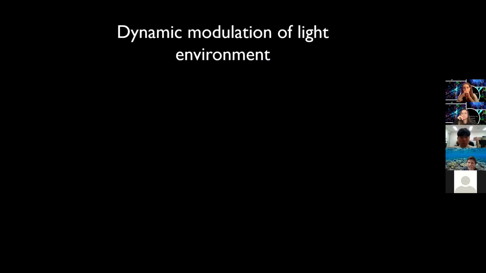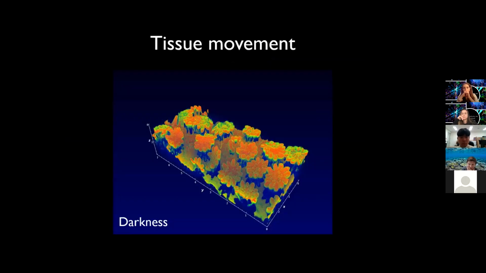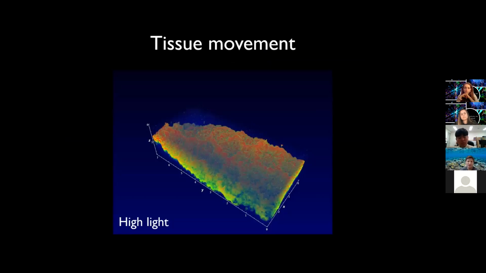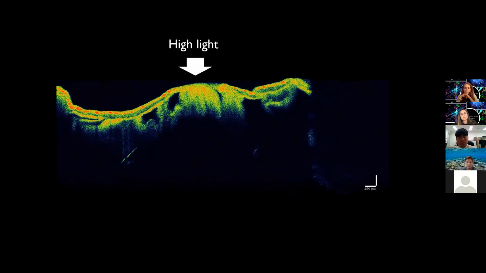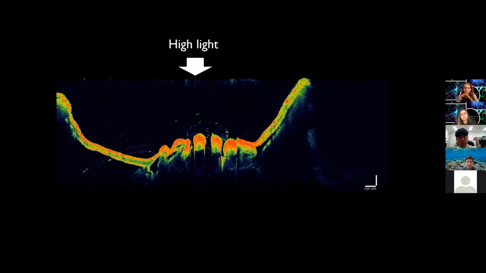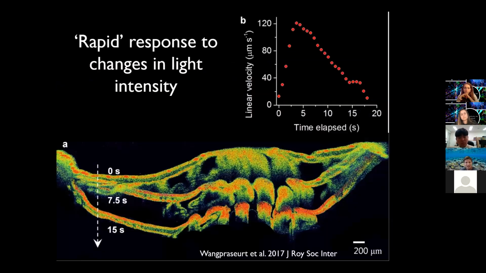Now, another cool thing is that corals are actually dynamically responsive to light intensity. So if you have a coral here, that's an OCT scan, and you see in darkness, the polyps are extended. Now we shine high light on it, it fully contracts. And if you run an OCT scan on it, and you follow this polyp contraction behavior, you can see how it rapidly contracts, but you also see that the signal intensity increases.